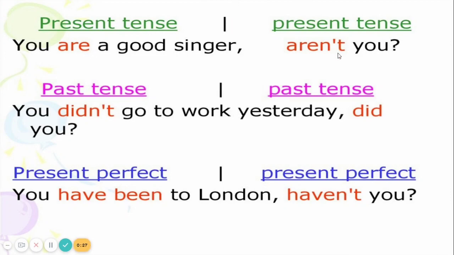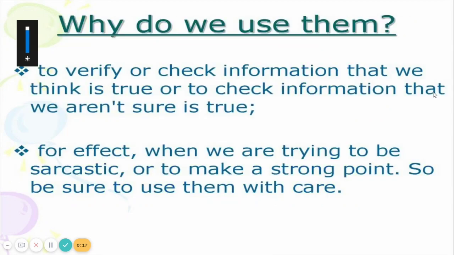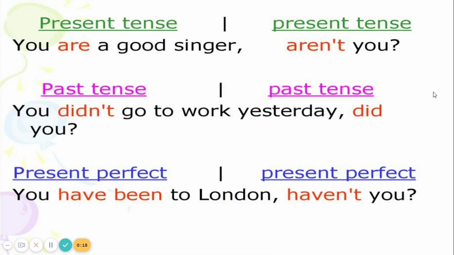So while changing, they will change it as aren't you, and it's compulsory to end with the question mark. Okay. Then past tense. Past tense, you didn't go to work yesterday, did you? So, didn't. You must not change the tense. Okay.